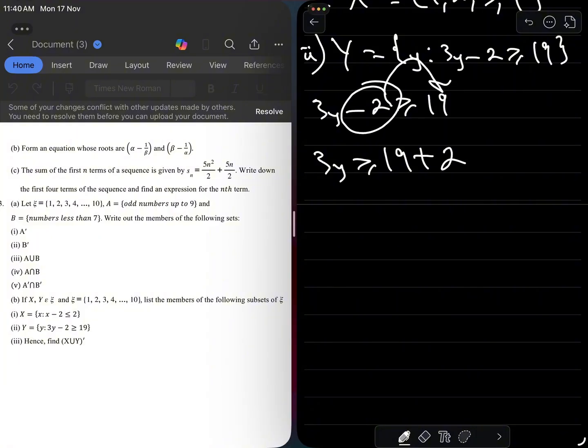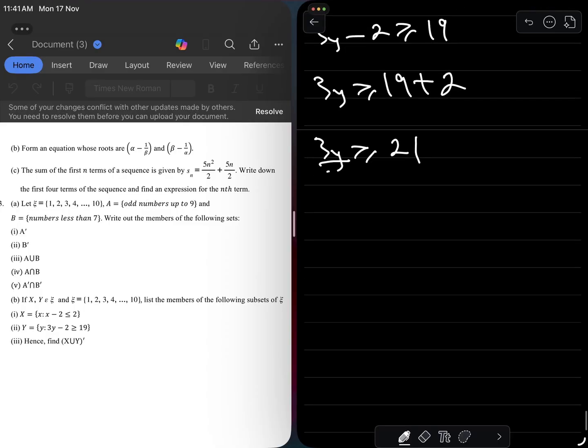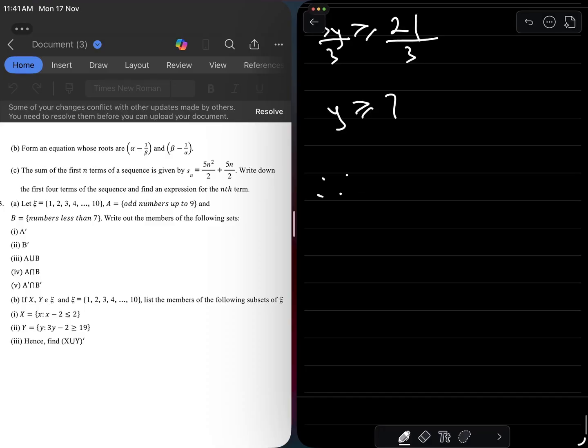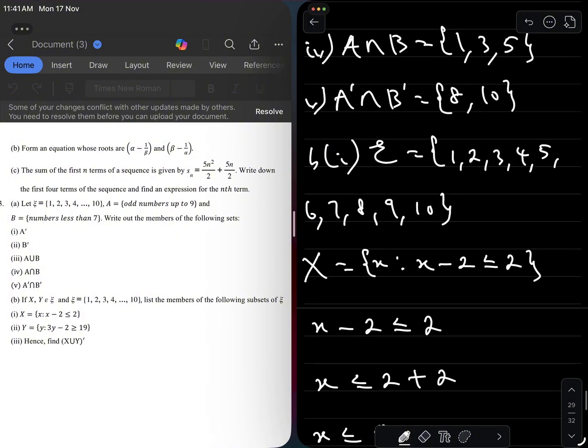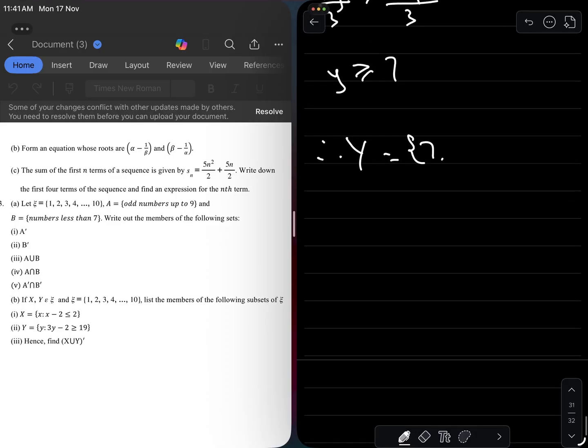Move minus 2 to the right-hand side, and it becomes plus 2, which means 3y is greater than or equal to 21. And when you divide through by 3, you have y is greater than or equal to 7. The universal set has elements 1, 2, 3, 4, 5, 6, 7, 8, 9, 10. So the elements of the set Y will be 7, 8, 9, and 10. Those are the elements of the set Y.